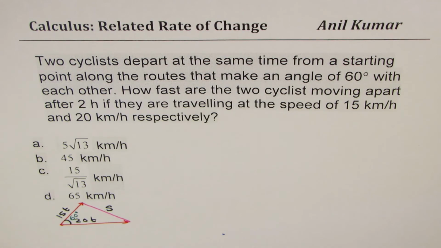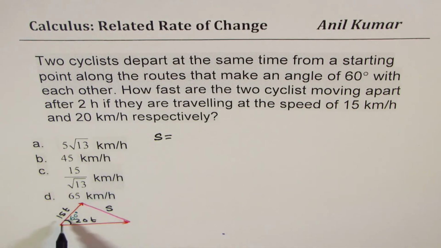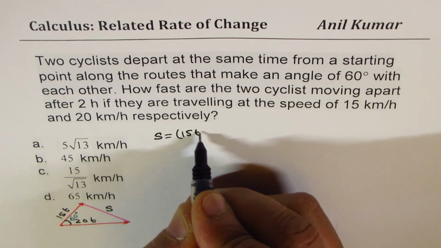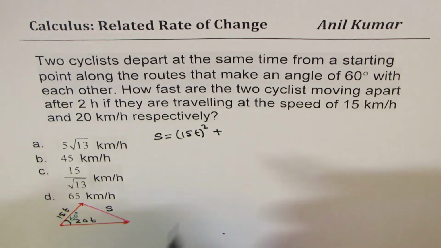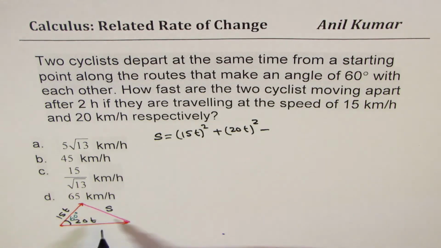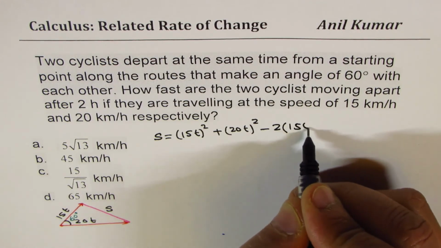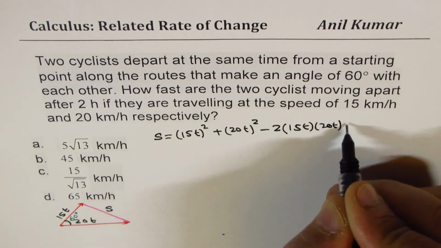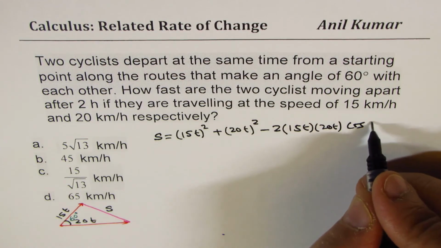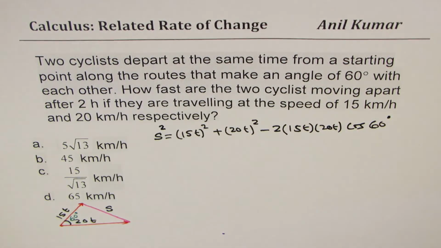So we can write S squared as equal to the sum of squares of these two, which is 15t whole square plus 20t whole square minus 2 times the product of these two, 15t times 20t times cos of the angle between them, which is 60 degrees. Perfect. This is the square of the separation.